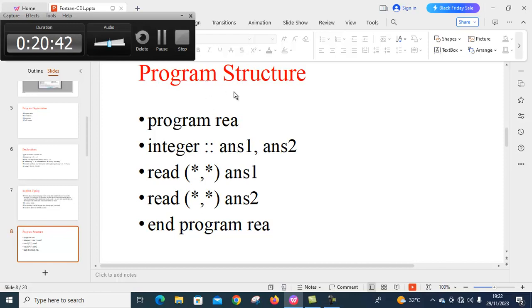Program structure, I said it's all about rules, and this Fortran is just a sequence of what? Lines of text. The first statement here, program real, gives the program name. The second statement declares what? A variable, which is what? An integer.